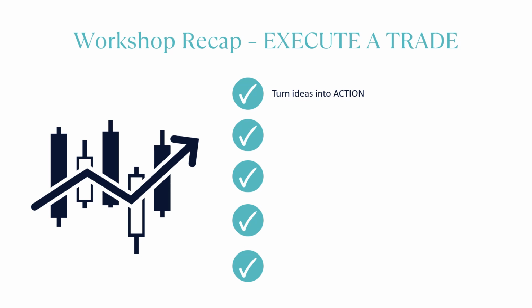So ideas into action. This is the biggest thing for most humans, really, is turning their ideas or their thoughts, not just trading, into some sort of tangible action. It's kind of the biggest blocker for us as humanity to get things done.